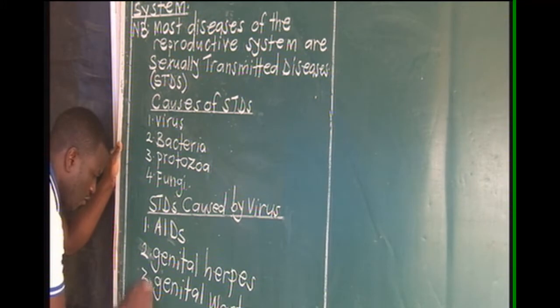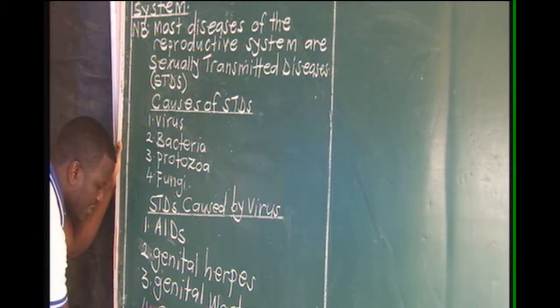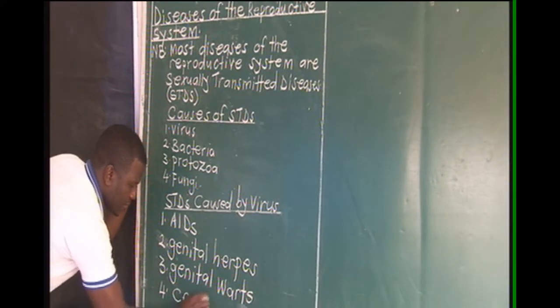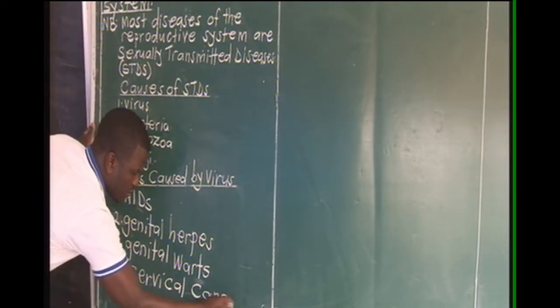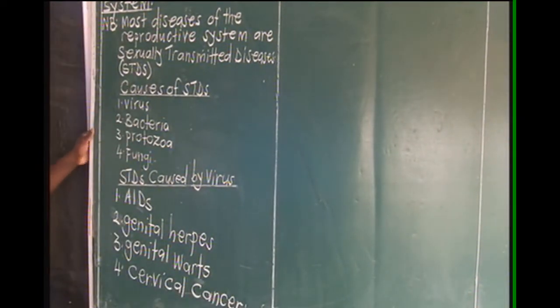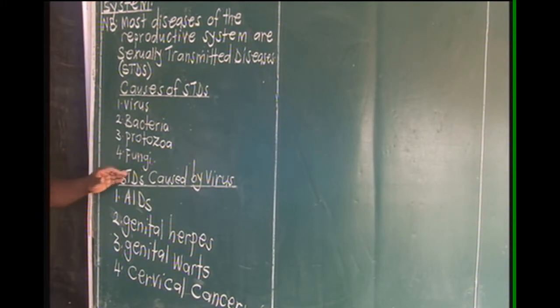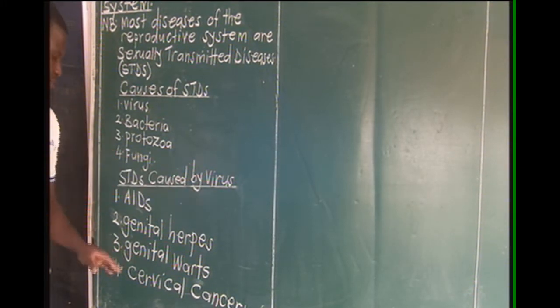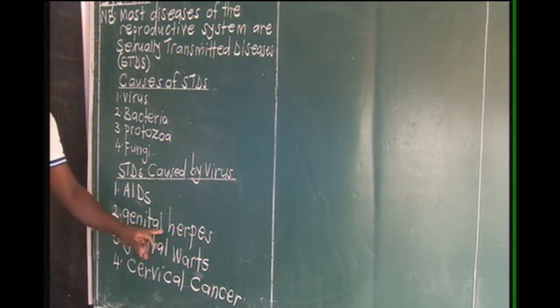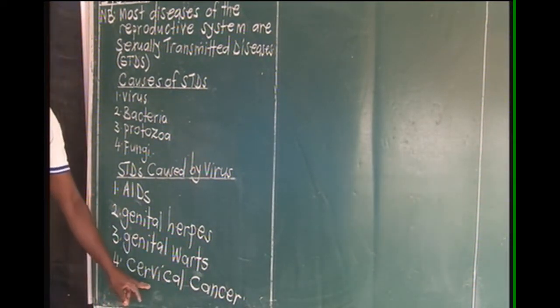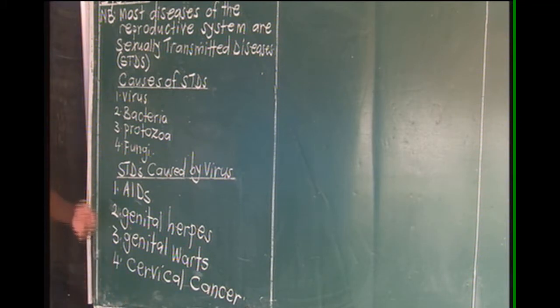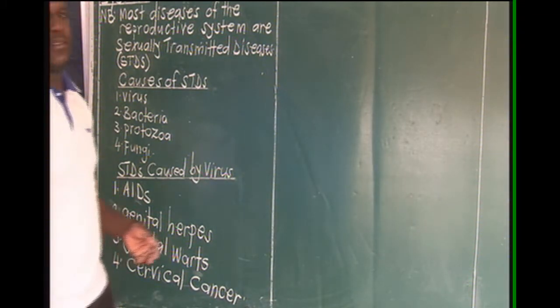Then number 4, we have cervical cancer. So, STDs caused by virus: we have AIDS, genital herpes, genital warts, and cervical cancer. These are the diseases that are caused by virus.